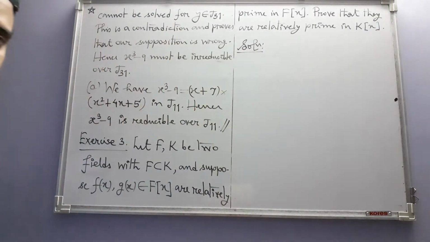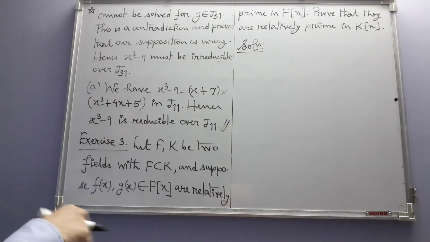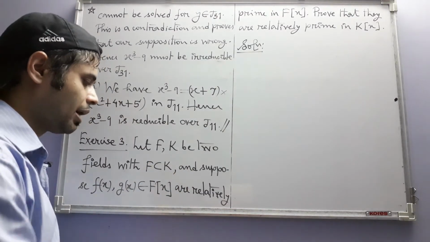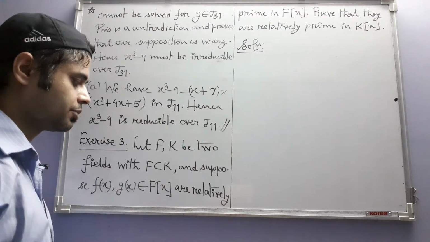Whenever GCD of two things is given, we almost always use the result that one can be written as a combination of the two things.